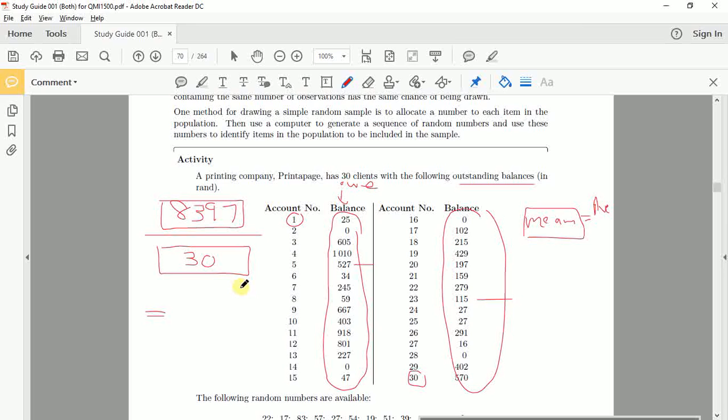Ooh, adding went wrong somewhere. Do it again.